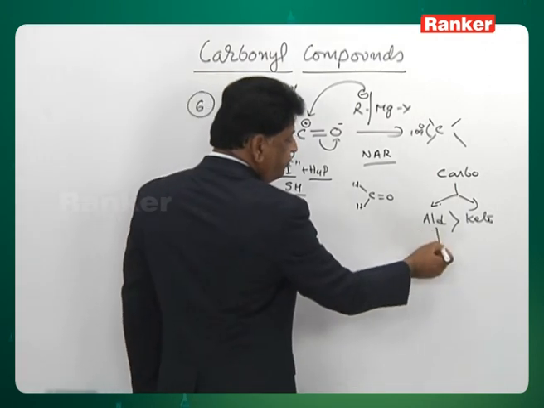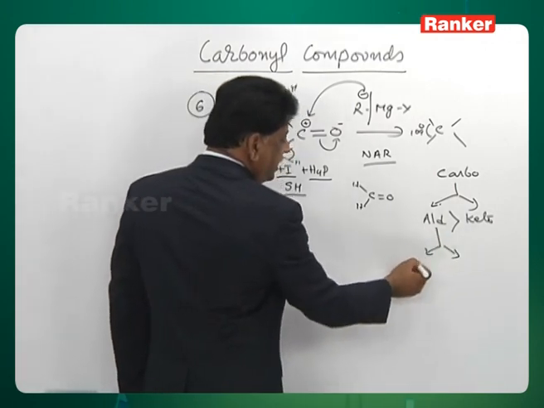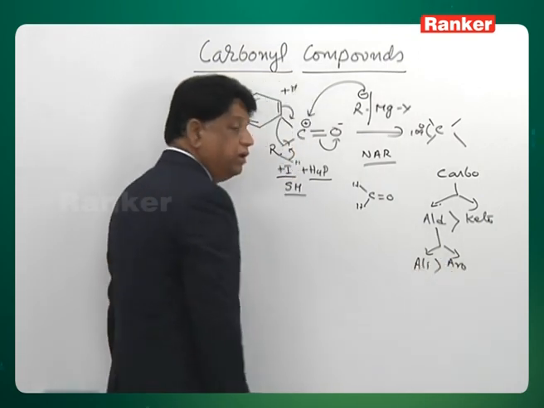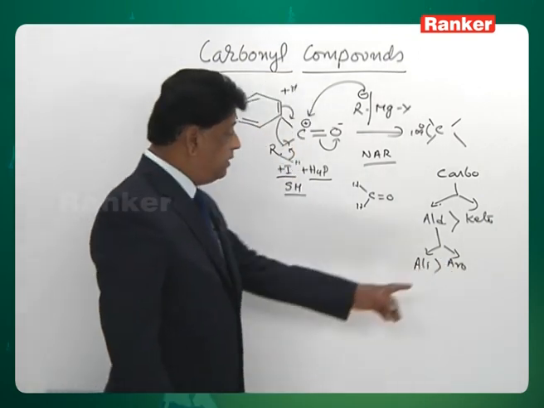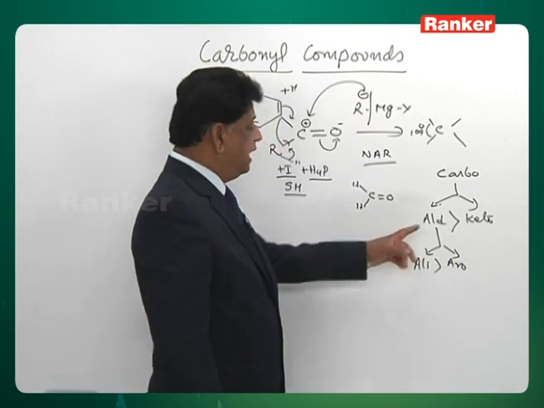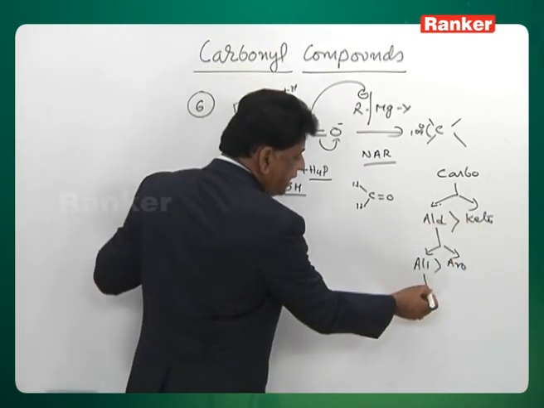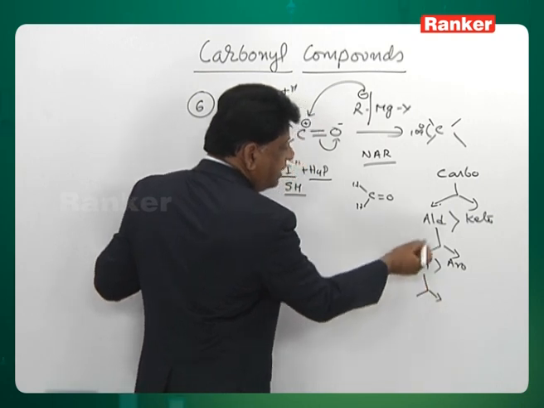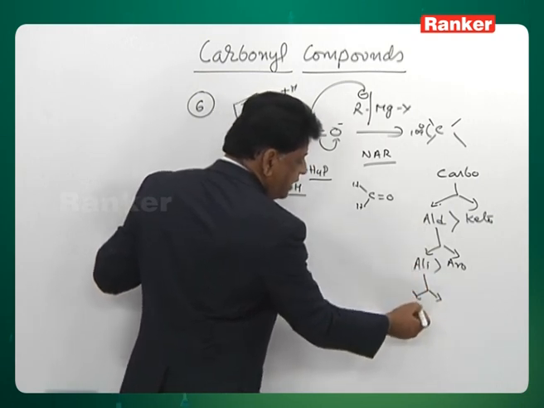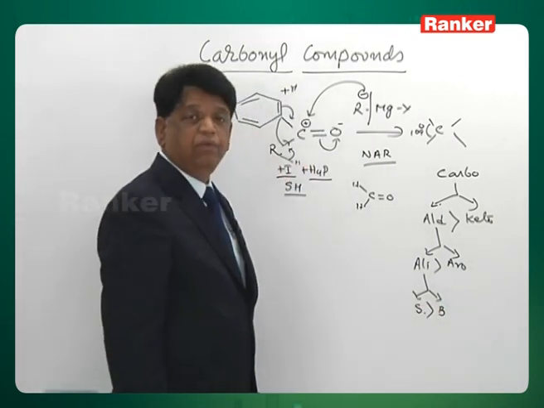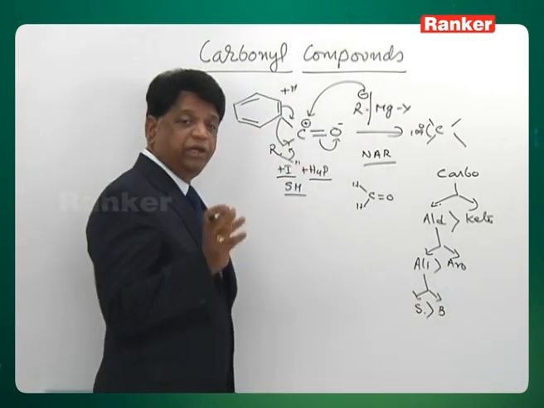And aldehydes, if you classify into aliphatic and aromatic, aliphatic is more reactive than aromatic, because aromatic will have a plus M effect. Aldehydes and ketones: more groups means steric hindrance. Within the aliphatic, you have two types of aliphatic aldehyde, smaller one and bigger one. The smaller one will have more reactivity over the bigger one. So according to that, you apply now.